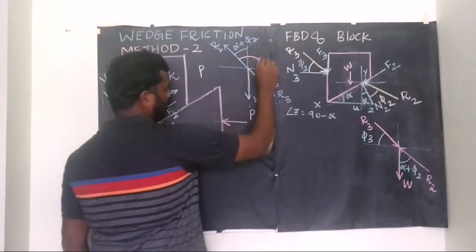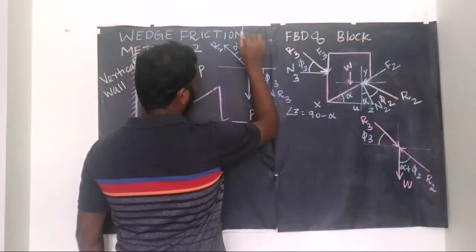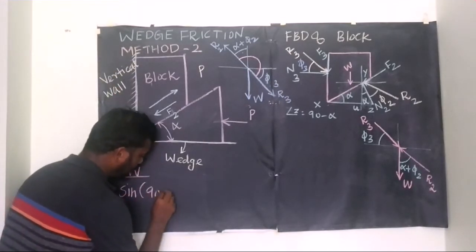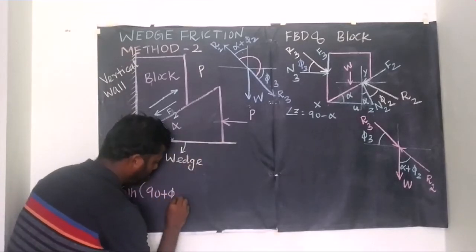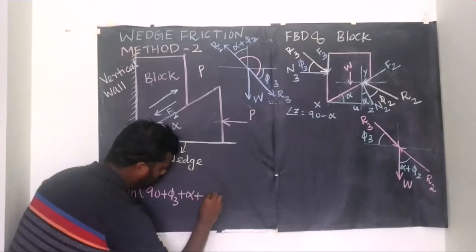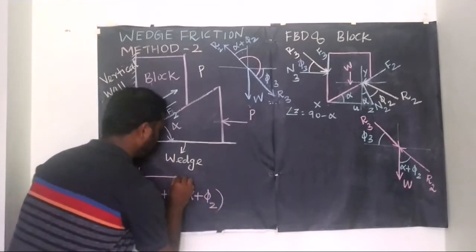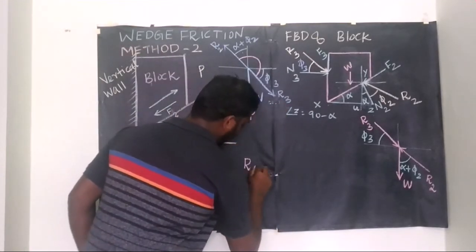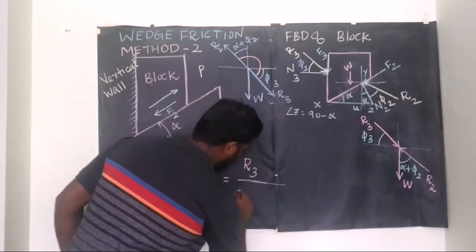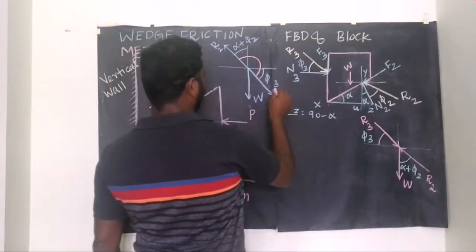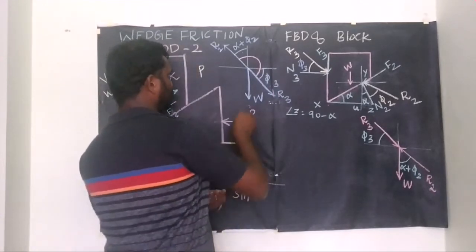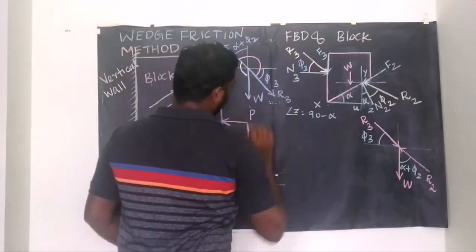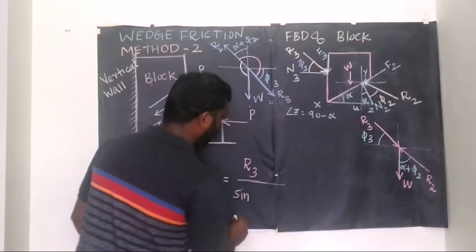That angle is the sum of 90 plus pi/3 plus alpha plus pi/2. So W over sine of (90 plus pi/3 plus alpha plus pi/2) equals R3 over sine of its opposite angle. This angle is opposite to the R3 force.